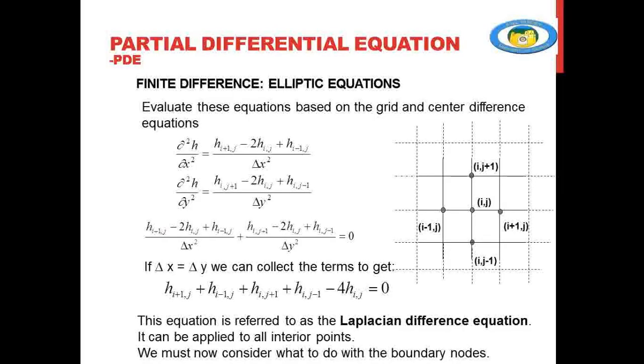So we are summing all the surrounding nodes minus 4 times the interior node, which shall be equal to 0 for the Laplace equation with delta x and delta y constant, actually the same. Then the Laplacian difference equation is just summing the values at the surrounding nodes minus 4 times the interior node equal to 0, basically.